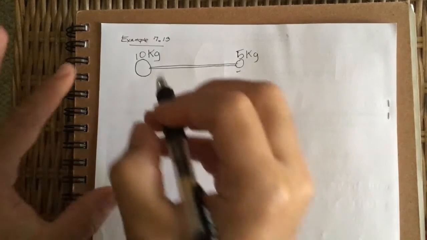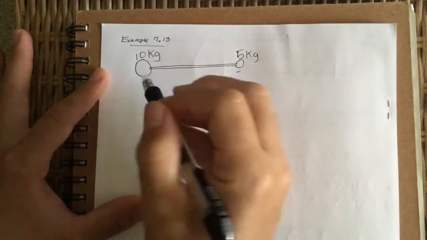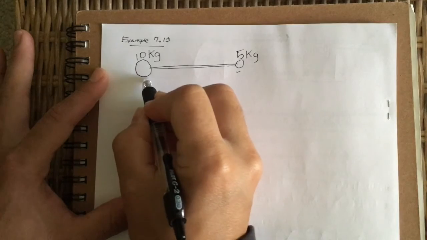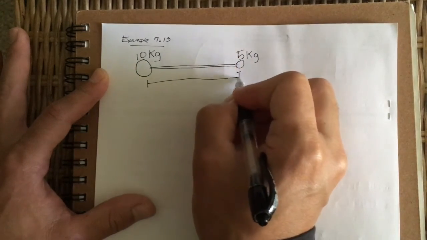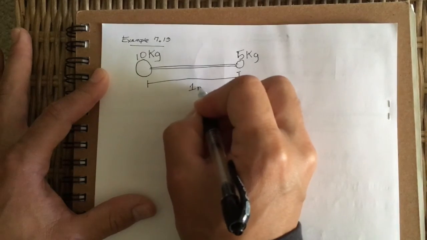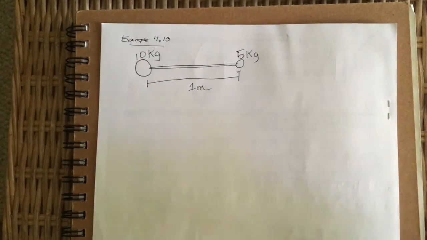So then they say that the dumbbell, or the rod, that's attached here is 1 meter long. All right, so far so good.